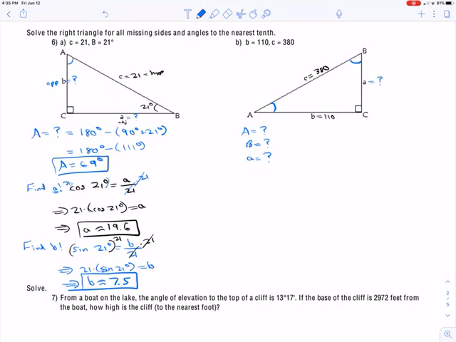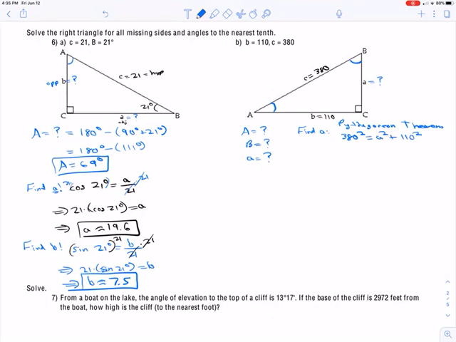Now we could use geometry and go ahead and get side A if we need to. So again, different ways to go. To get that, I'm going to go ahead and find A. So we have 2 of 3 sides. Let's use the Pythagorean theorem, use some geometry to find that. Then we'll introduce our trig and get our angles. So we know that the hypotenuse squared, c squared, 380 squared, equals a squared plus b squared.